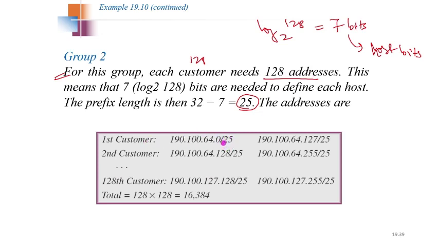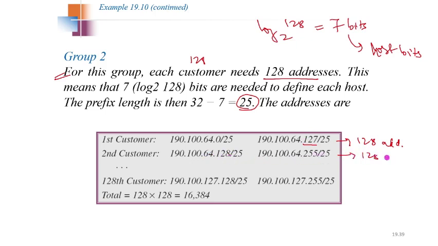So the first customer will have this starting address. Instead of going 0 to 255, it will now go up to 127. So 0 to 127, 128 addresses in this case. The second customer will be in continuation of this. Up to here 127, the next address will be 64.128, then the next will be 255.